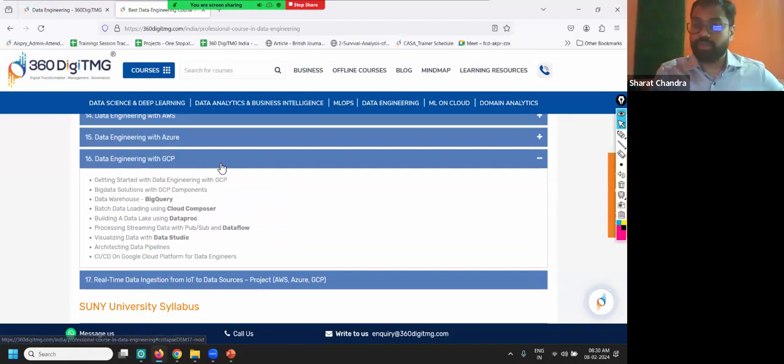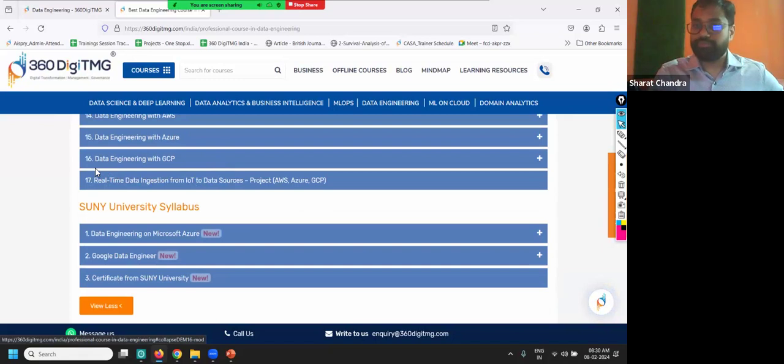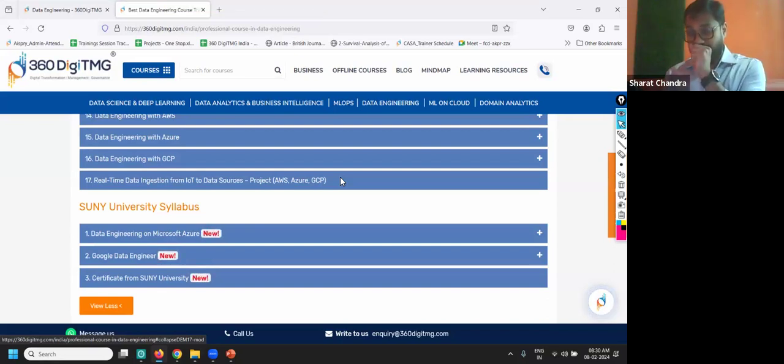And finally, you'll also be looking into the real-time project. How do you capture the data live from various IoT sources, move that to the cloud-based data sources, and from there, how do you create value from that particular data?